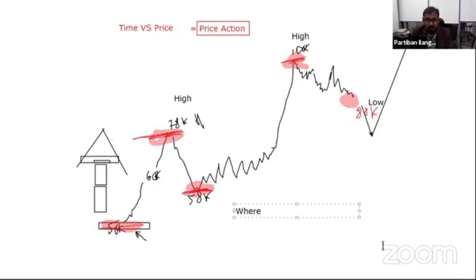Where is the immediate low or high from the current price? I want those who are watching to write this down somewhere. Just copy this: where is the immediate low or high from the current price?